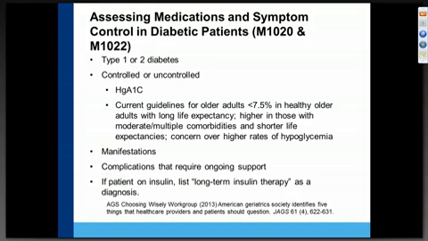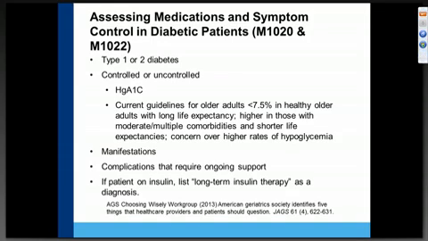Of note, in general, we're looking at less than 7% as an overall guideline, but for older adults, the Geriatrics Association has put forth some guidelines that are a little bit broader, a little higher in terms of A1C level, less than 7.5% in healthy older adults with a longer life expectancy.